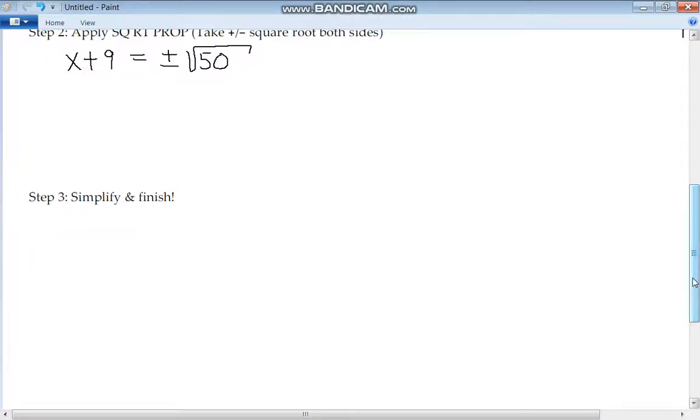All right, so let's see. Inside of that square root, are there any perfect square factors? Yes, here's what I'm thinking. I'm thinking that 25 times 2 is the same as 50. And the reason I like that is because 25 is a perfect square.